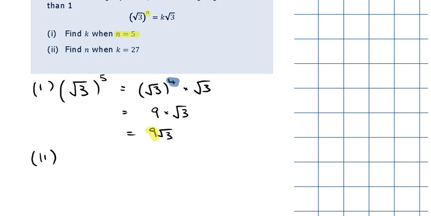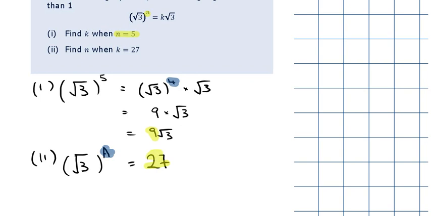So in other words, I need to find out what square root of 3 to the power of something, let's call it big A, is equal to 27. I need to find this blue bit so that I can get this yellow number.